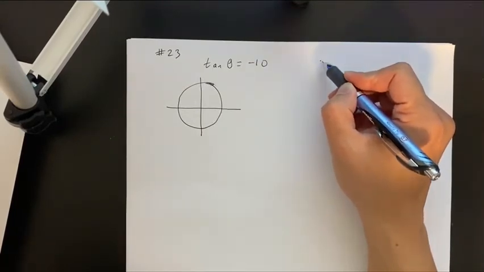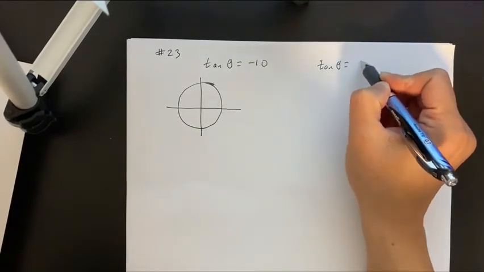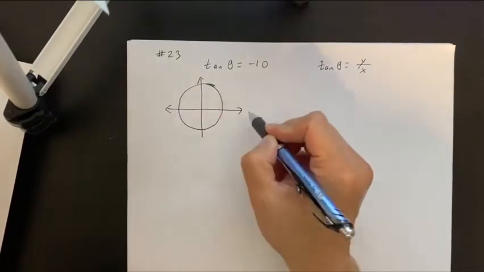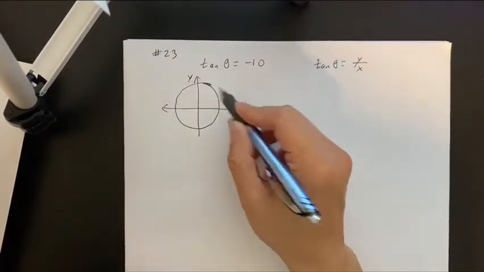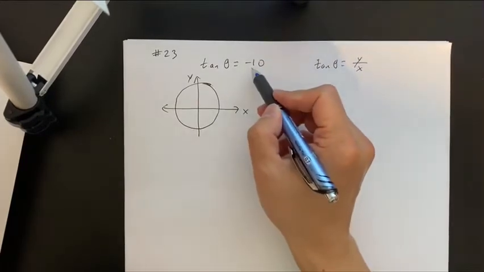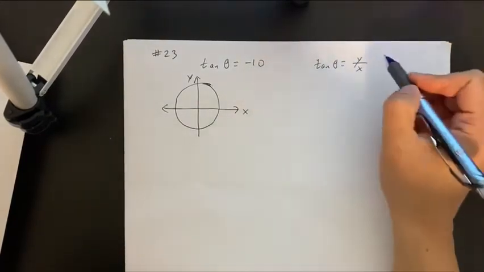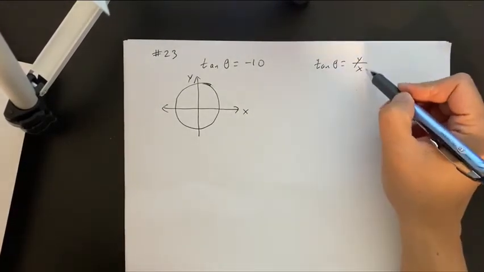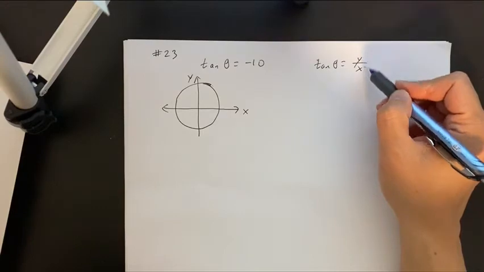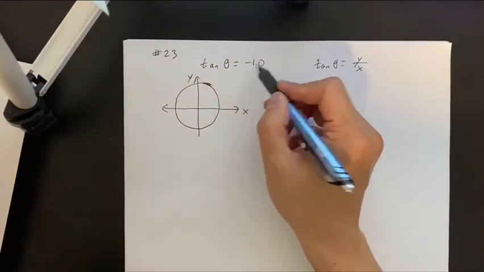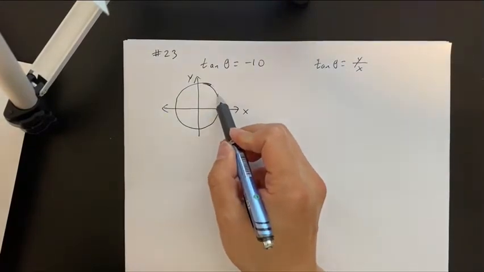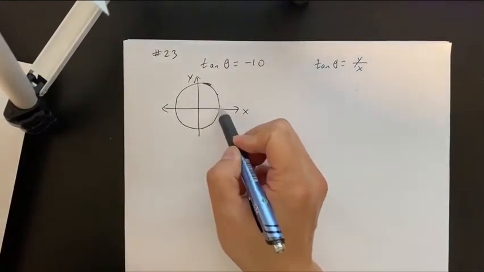is sine over cosine, or tangent theta is really the y value over the x value. Now, if you take the ratio of the y over the x and you get a negative, that says something about the sign of y and x. They can't be both positive. So right away, I know that I'm not going to be in the first quadrant, because in the first quadrant, both y and x are positive.